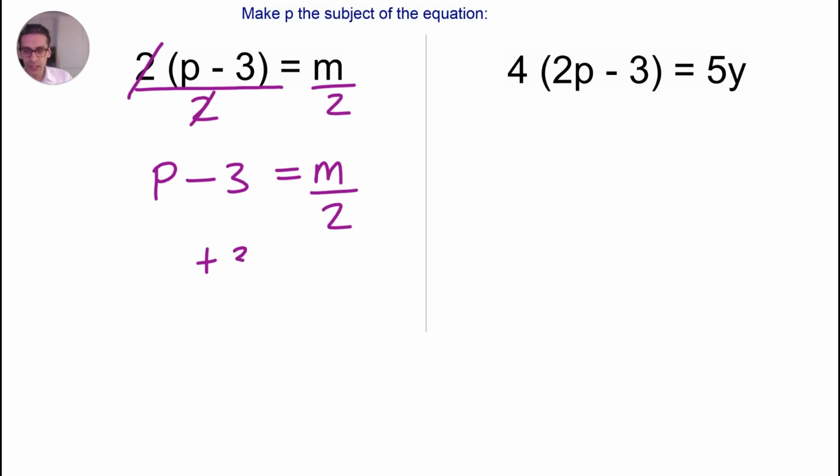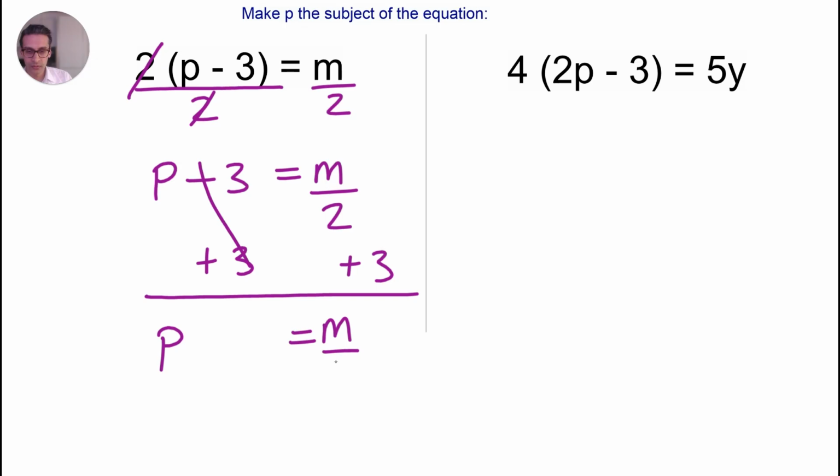And then I'm going to add 3. Add 3. So this becomes P, that's a 0 pair, so that cancels out, is equal to m over 2 plus 3. You can leave your answer like that, or you can turn this into a fraction and then add it up, but we're not going to do that. We're just going to leave it because we're allowed to do that.